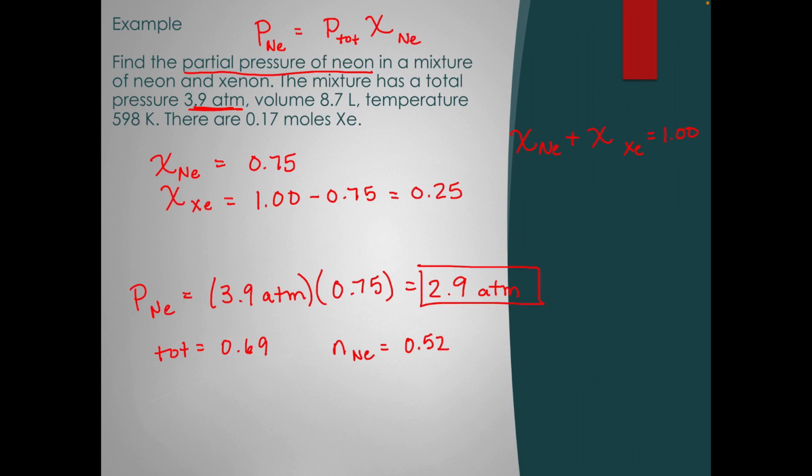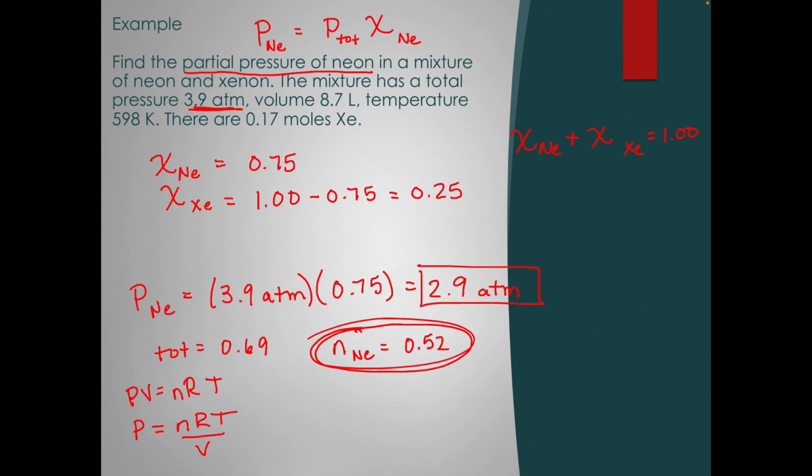But another way that you could have done it was to take our moles of neon here and plug it into the ideal gas law. So we had PV equals nRT, and say we wanted the partial pressure of neon. Then we would rearrange this for pressure, so we would get P equals nRT over V. And now, if we wanted to find the pressure due to neon, we would use our moles of neon instead of our total moles.